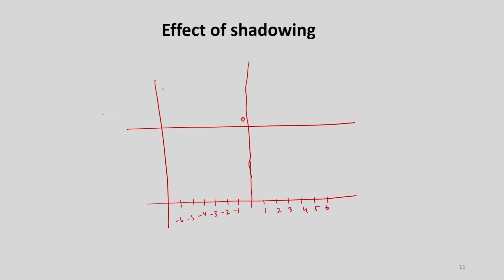This is current, this is voltage. Now for the current, here is 0, and maybe here is minus 1, minus 2, minus 3, minus 4, something like that.